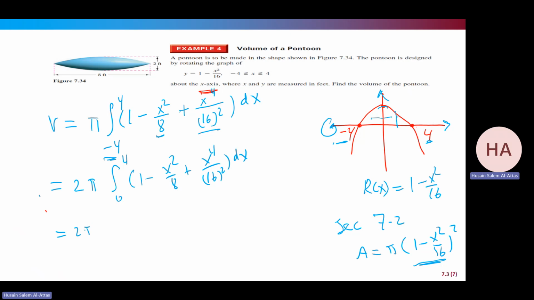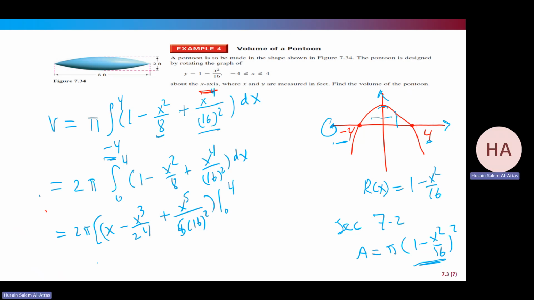That will be 2 pi, x minus x cubed over 3 times 8, which is 24, plus x to the power 5 over 5 times 16 squared. That from 0 to 4.